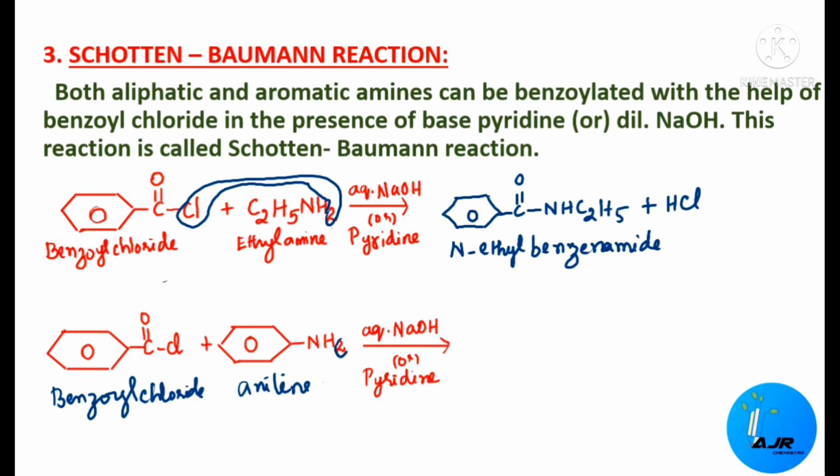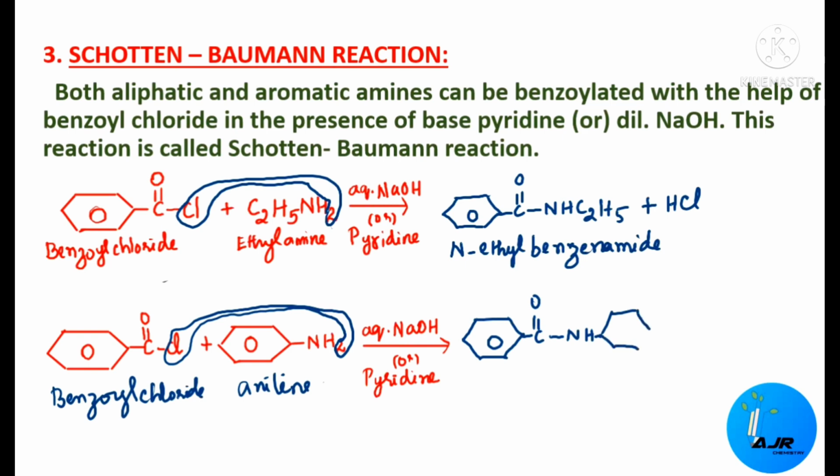One hydrogen from here combines with this chlorine and is removed as HCl. So you write the rest of the product. This is the easiest reaction, but a very important reaction. Double bond O, and here you have NH, and then the benzene ring, plus HCl.